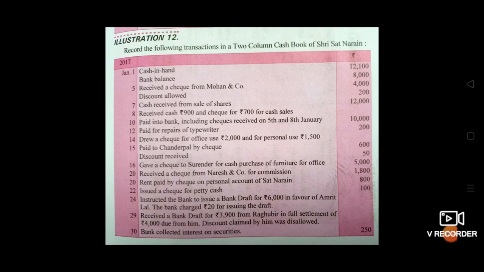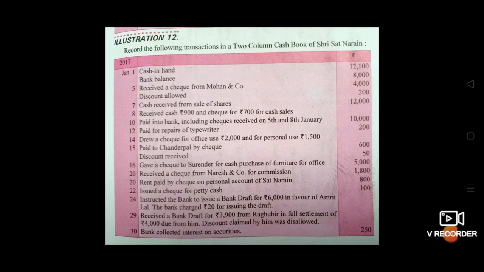The checks are deposited into bank plus 5,300 will be the remaining amount because they have deposited total amount rupees 10,000. From that 4,700 is of checks, so 5,300 will be of cash.